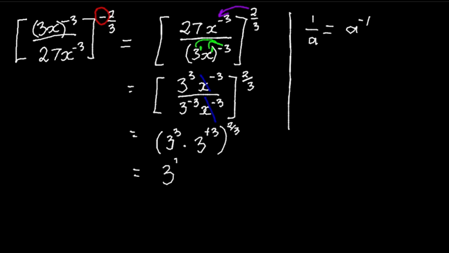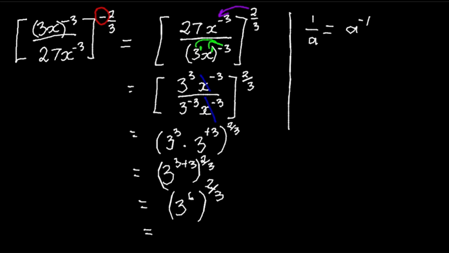So it's going to be 3 to the power of 3 plus 3 multiplied by our power of 2 over 3. And then 3 plus 3 is 6, right? So we are having 3 to the power of 6 multiplied by 2 over 3.